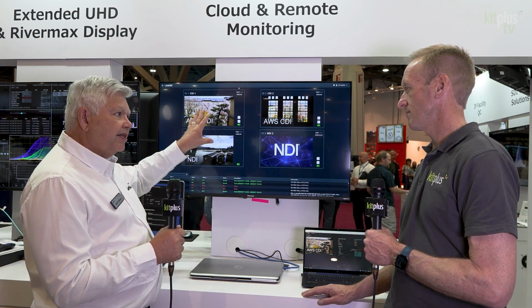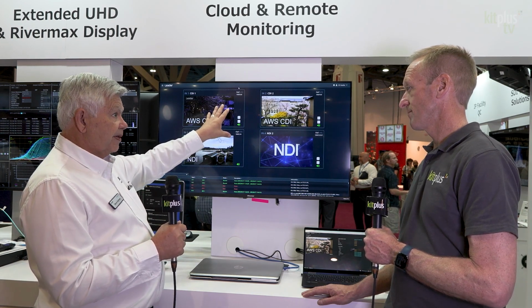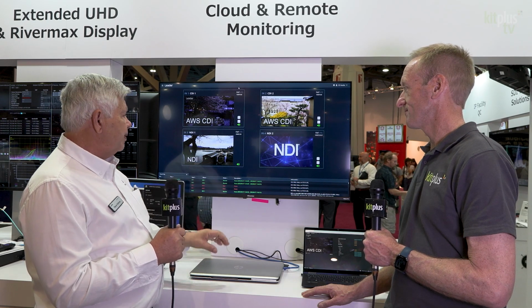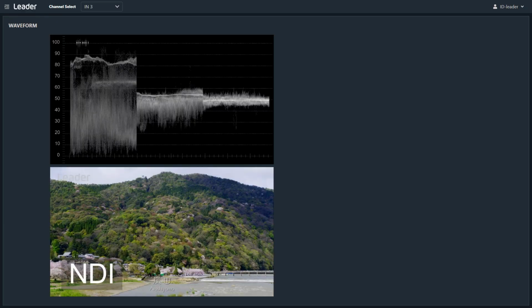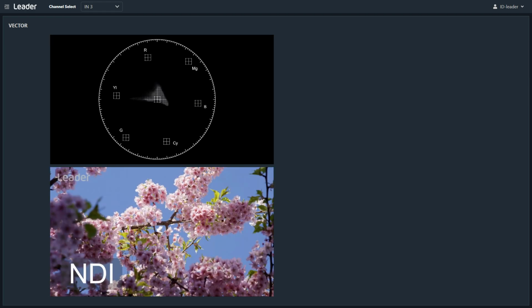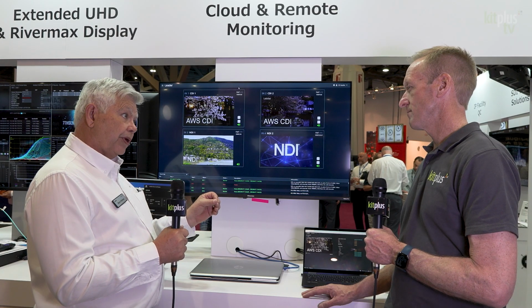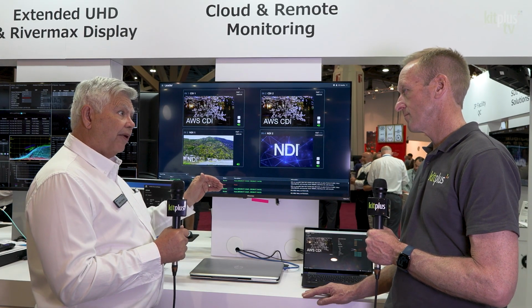Okay, gotcha. The other thing is, if you don't want to put uncompressed data because it's really expensive, really eats up the pipe, NDI seems to be the compression system that a lot of people are using to put into the cloud. So we have a second tier that we can measure within the same software: compressed flows that are going into the cloud, and then monitor the same exact pieces.